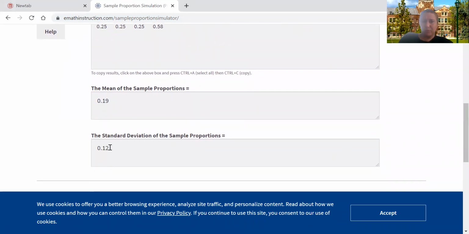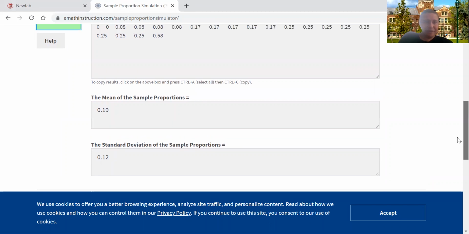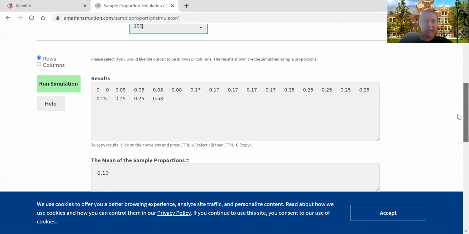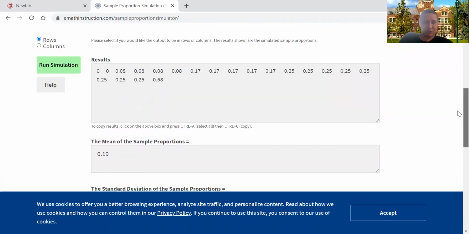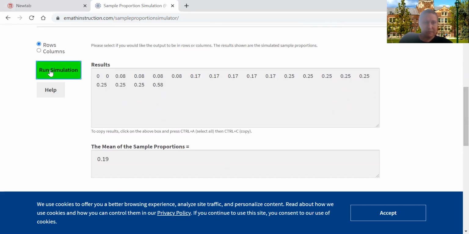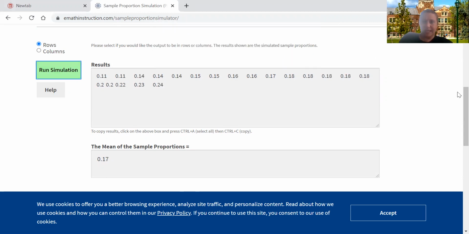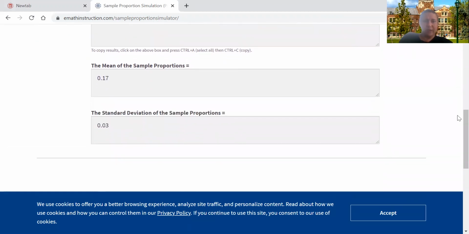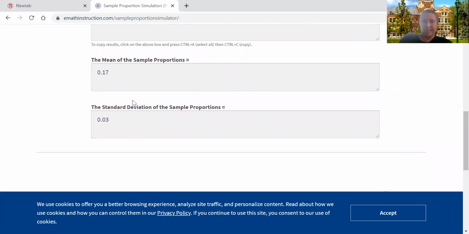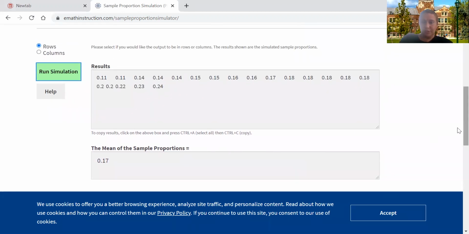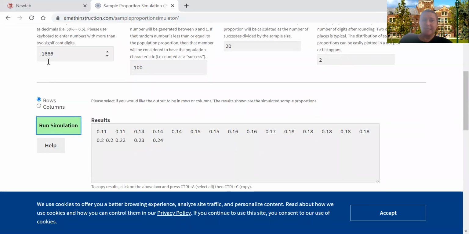Again, pretty high standard deviation. If I increase this to 100 and everybody rolls the die 100 times, right, I'm going to get far less variation. Oh, I didn't hit run simulation. Right, the more times I carry out the experiment, notice my standard deviation went down and the average of the samples got closer to what I'm supposed to get in theory.